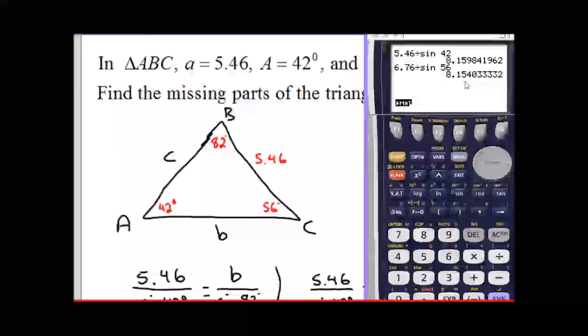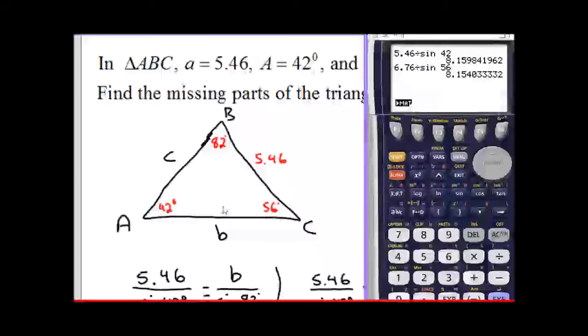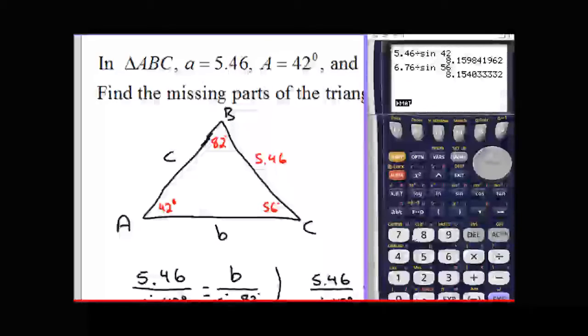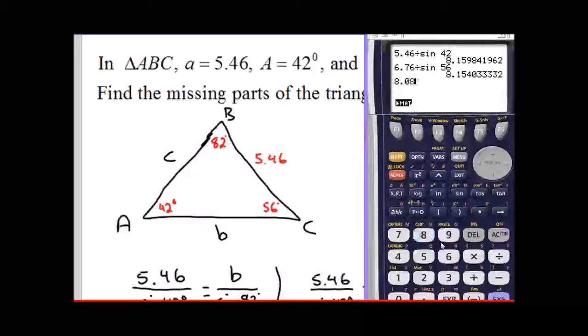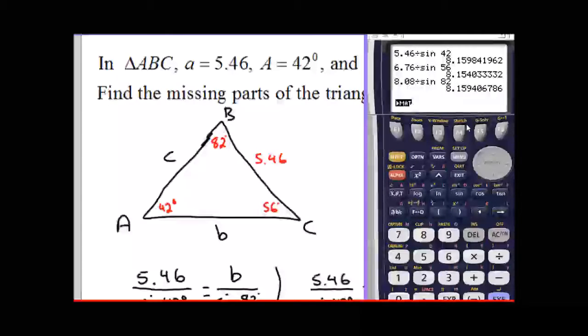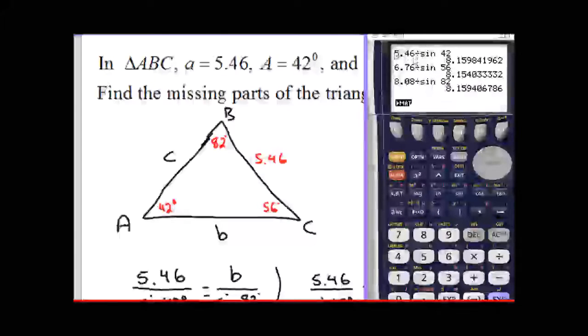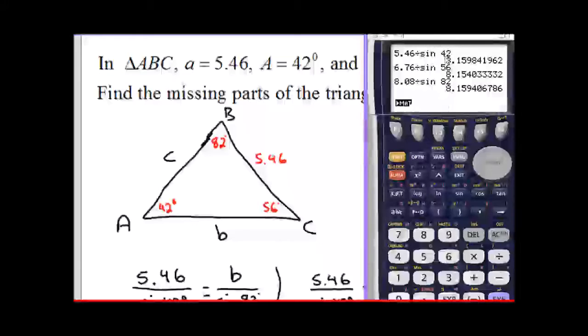Yeah, 8.15. It's off a little bit because we rounded, right? I'll try the same thing with B. Side B we computed to be 8.08. I'll divide that by the sine of 82. That's 8.15, right? A side divided by the sine of the angle opposite will always be the same. That ratio is always true. We call that the law of sines.